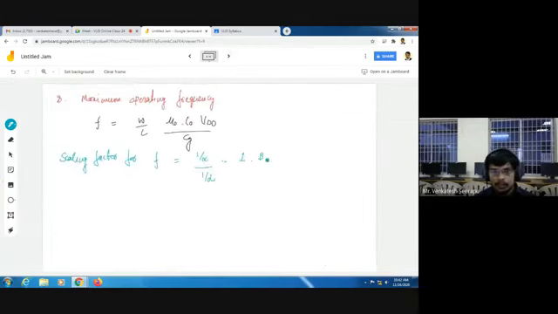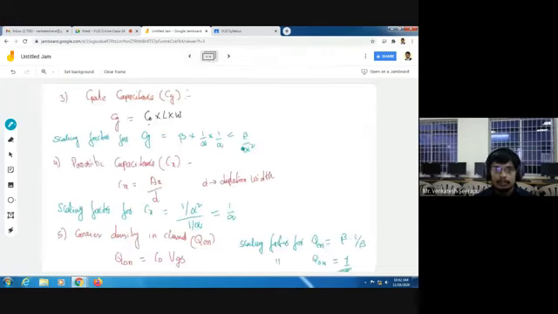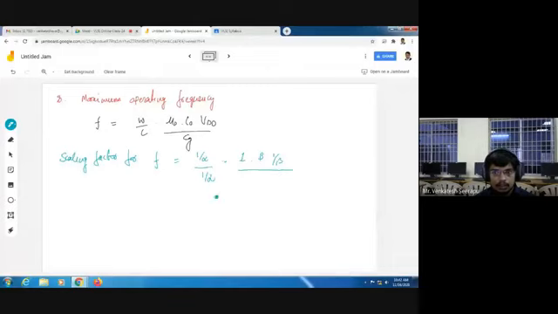And scaling factor for VDD is 1 by beta. And the scaling factor for gate capacitance CG is beta by alpha square.